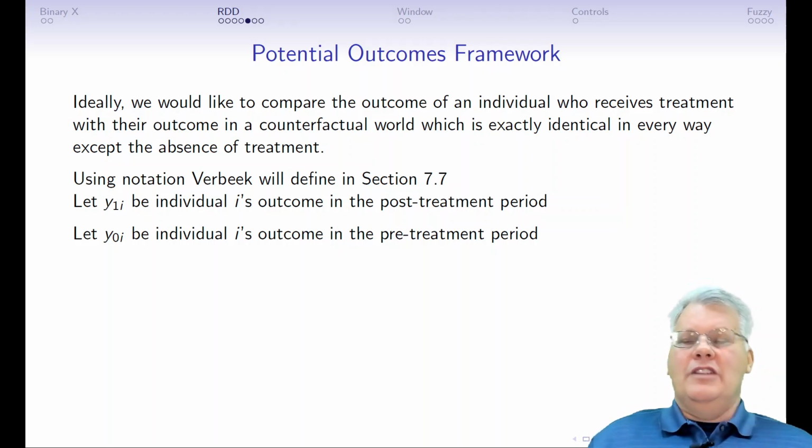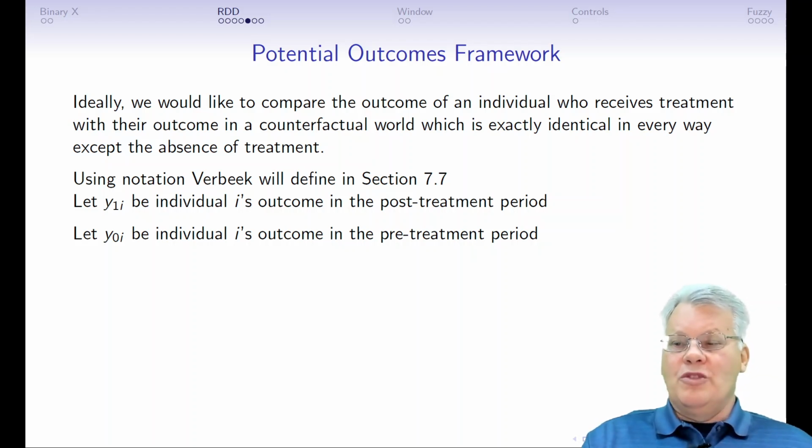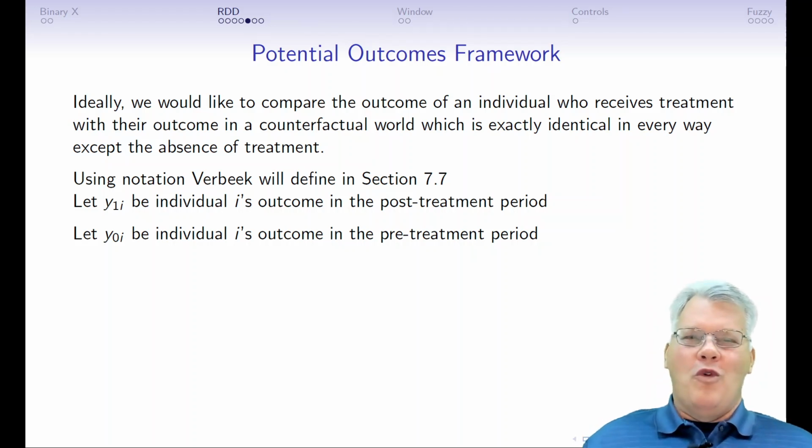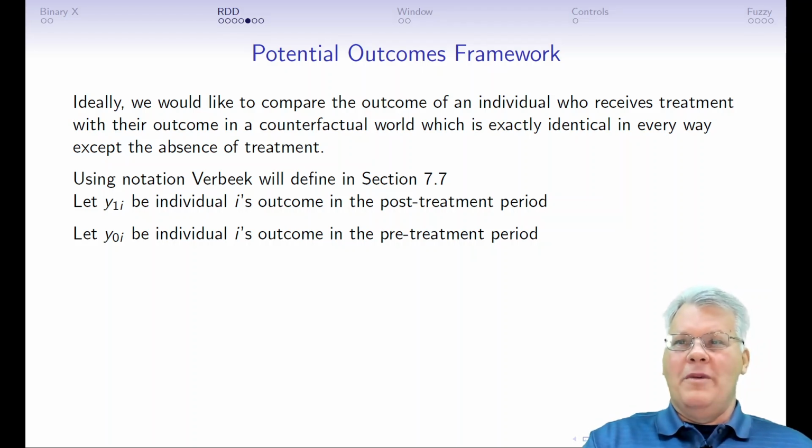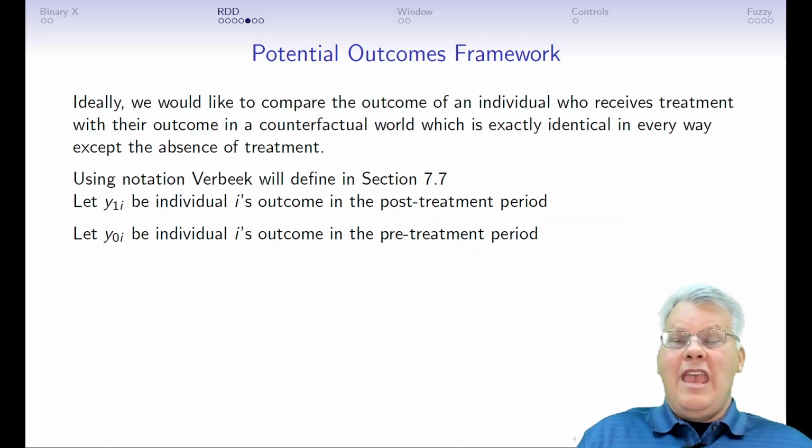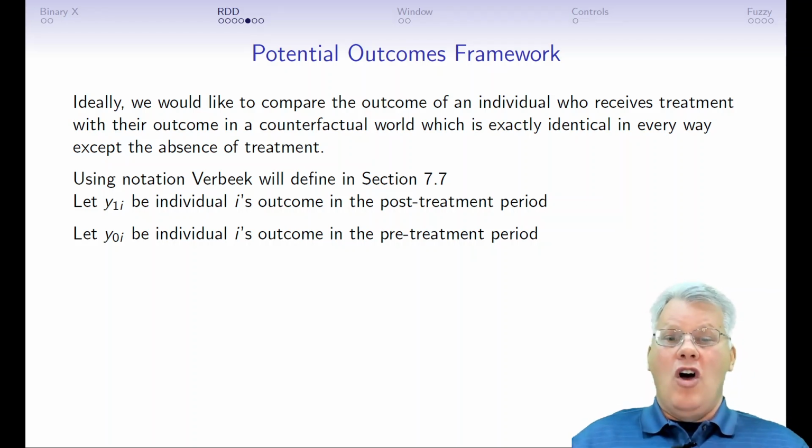So if we think again to the Air Force Academy, if someone becomes 21 and is eligible to drink, and they go and they drink a lot the night before their final exam, we would want to ideally compare that person's academic performance with that very same person in an alternate universe where they didn't have access to alcohol.